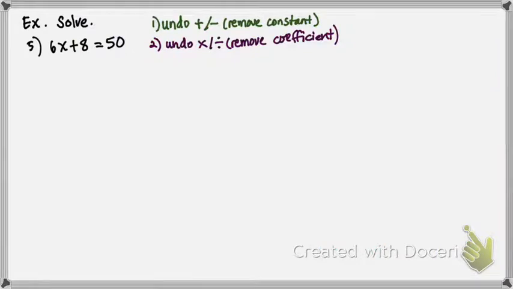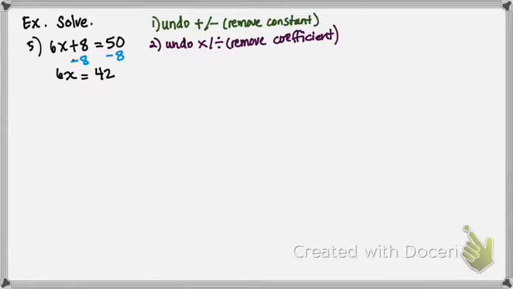Oops, I went backwards. So we have adding, so we're going to do subtracting. And so we're going to subtract 8 from both sides. There's going to be 6x is equal to 42.